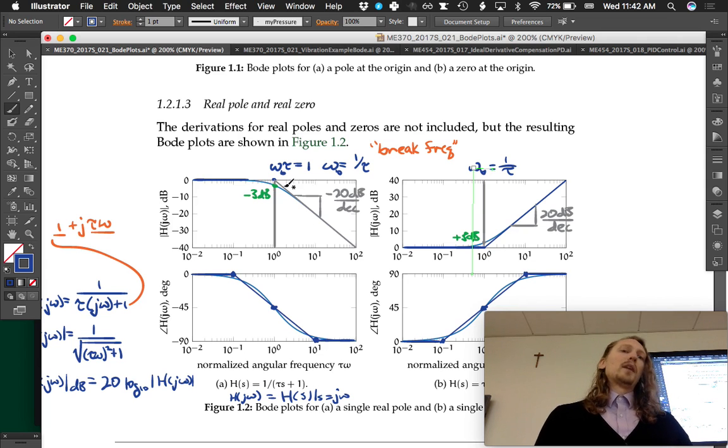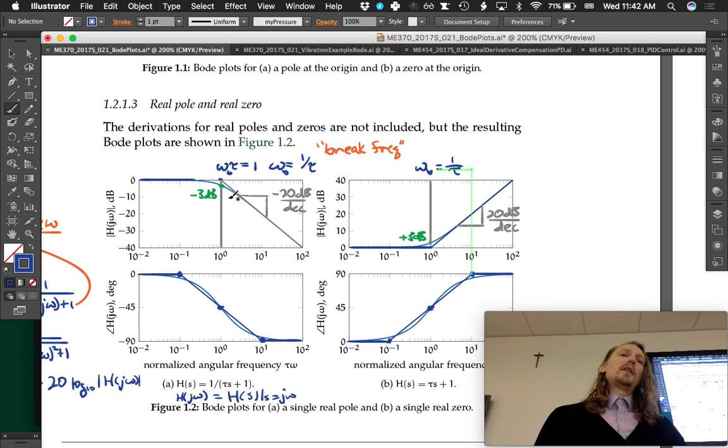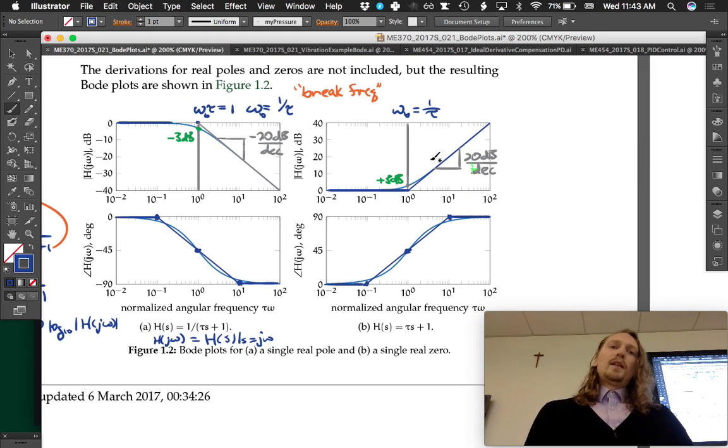It's just that one has a break frequency where this starts to happen, and the other one is always doing that. So you can think of the pole at the origin as being a real pole for which you've already got to this high frequency asymptotic behavior of negative 20 dB per decade and negative 90 degree phase. So that's one way to think of it.